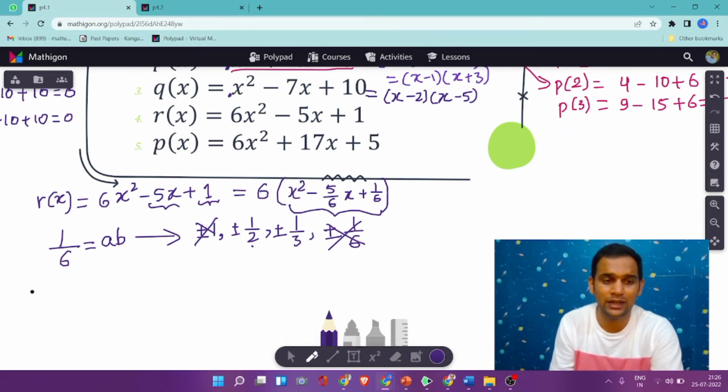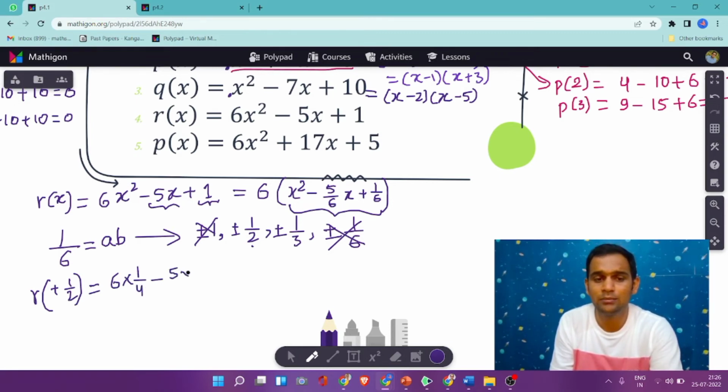Let's now try to find out r of plus 1 by 2. Plus 1 by 2: 6 times (1 by 2) whole square is 6 by 4, minus 5 times 1 by 2, plus 1. So this becomes 3 by 2, since 2 threes are 6 and 2 twos are 4.